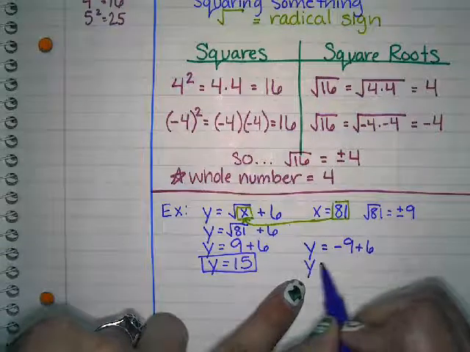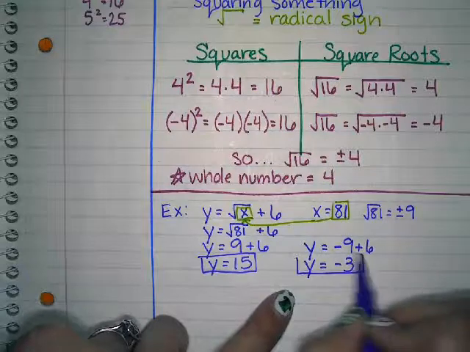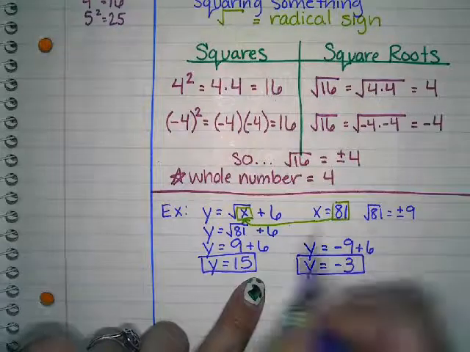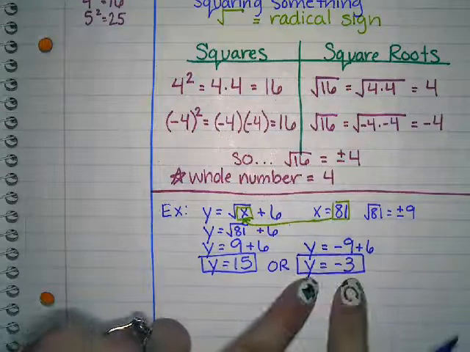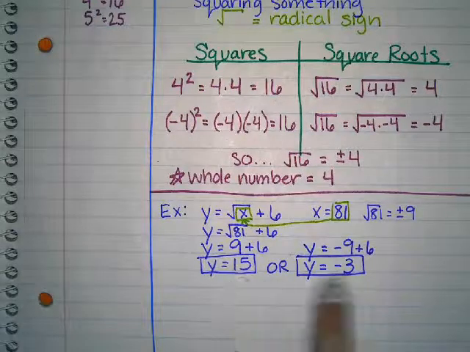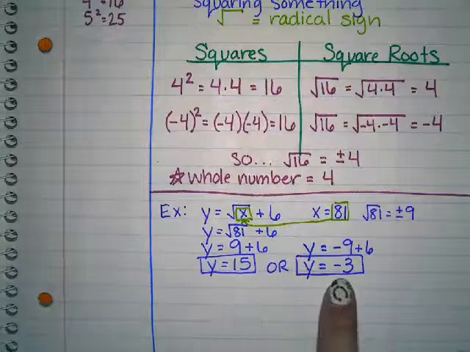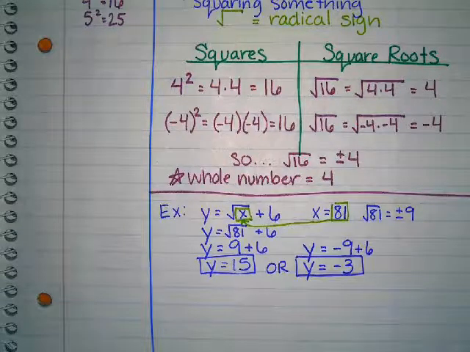So y is equal to -3. So in this problem, we actually have 2 answers. It could be 15 or it could be -3. So just be aware that there's a positive answer and then there's a negative answer when you put in your negative answer to the square root.